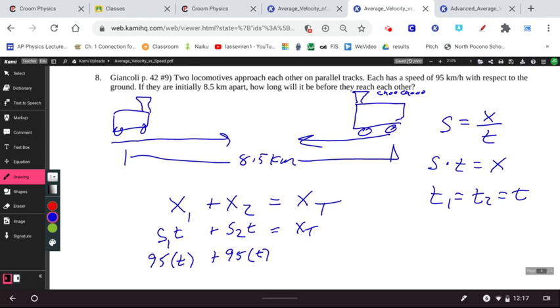And that total distance is going to, again, be 8.5.